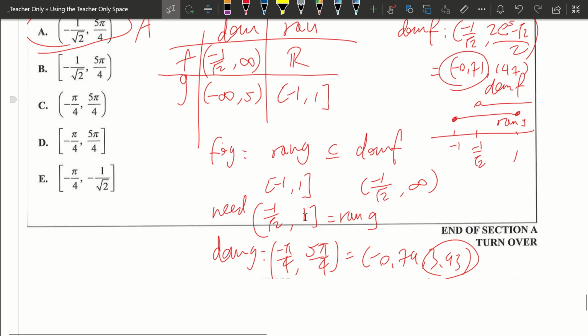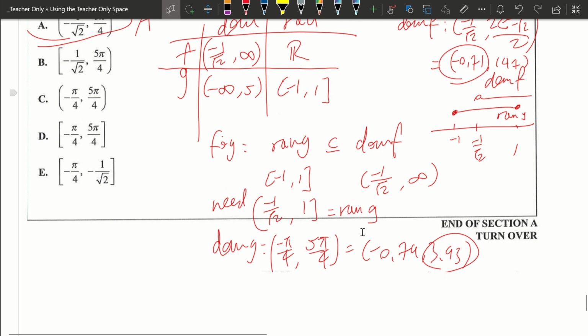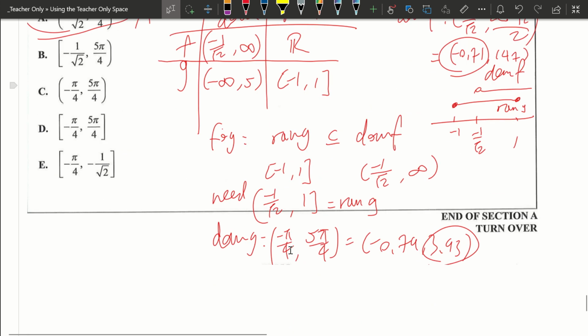So you have two horizontal lines to mark your range on the graph of the sine function, and you look at the x values of G that give you the required range. In this case you will get infinitely many, but you just pick one of them. I pick those.